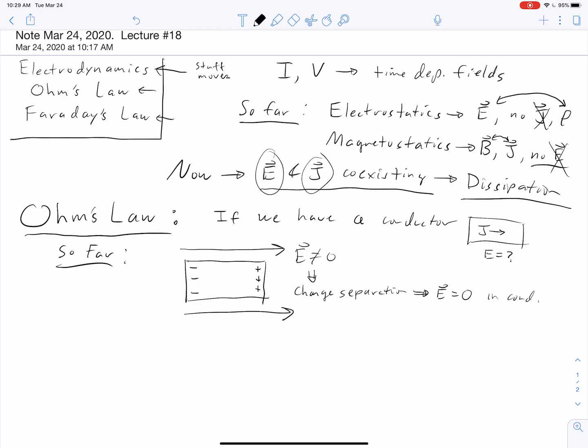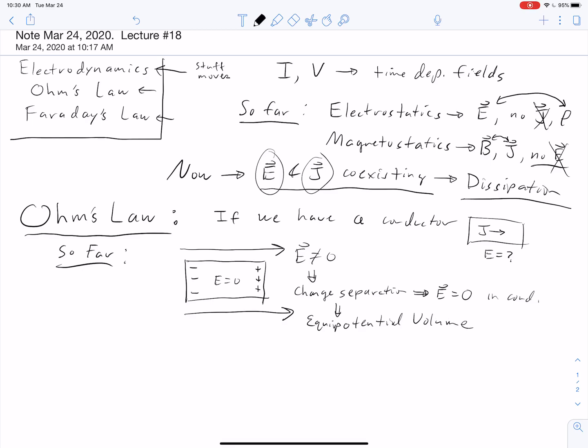And so in the conductor we always have E equals 0, because that's the only way that we can have an equipotential surface, or an equipotential volume. A conductor is an equipotential volume. That's what we've been talking about so far.